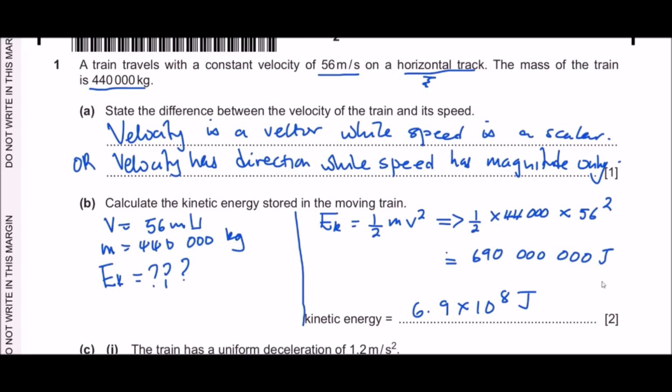Two key areas where students lost marks. Number 1, put units. If you don't put units in this particular question, you can't get 2 out of 2. Number 2, a minimum of 2 significant figures for all answers from calculations. So my answer is in scientific notation, but to a minimum of 2 significant figures.